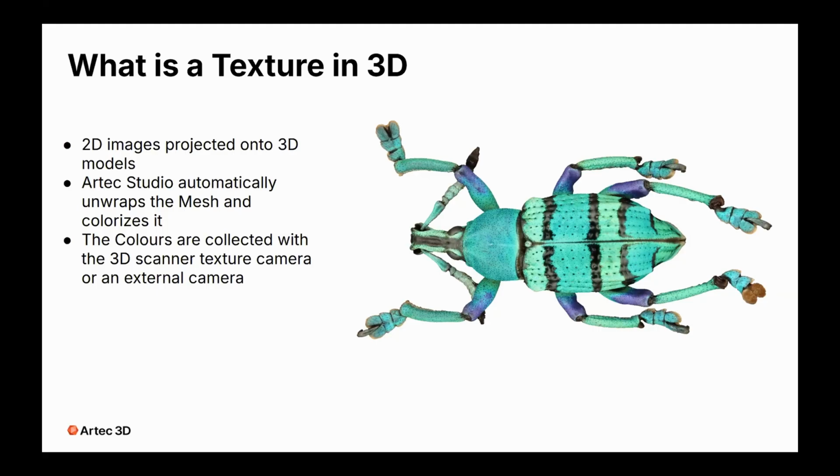So once you create a complete model with a texture in Artec Studio, you're going to get your model and the texture atlas, which is mapped onto your model. And this way, the software later on visualizes your colored mesh as a result. And of course, the colors that we see on a model are collected with the 3D scanner texture camera in our case, or an external camera in case of photo texturing.